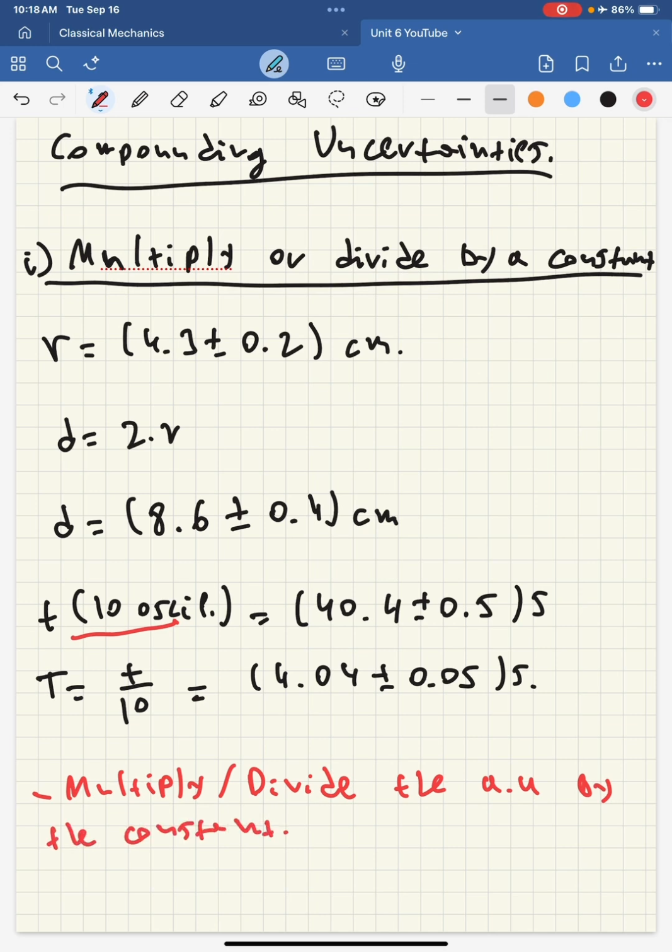This is a simple case. If the physical quantity of interest is some multiple of another physical measurement, and this measurement comes with an absolute uncertainty, then to find the absolute uncertainty of the new quantity, you just multiply or divide by that constant.